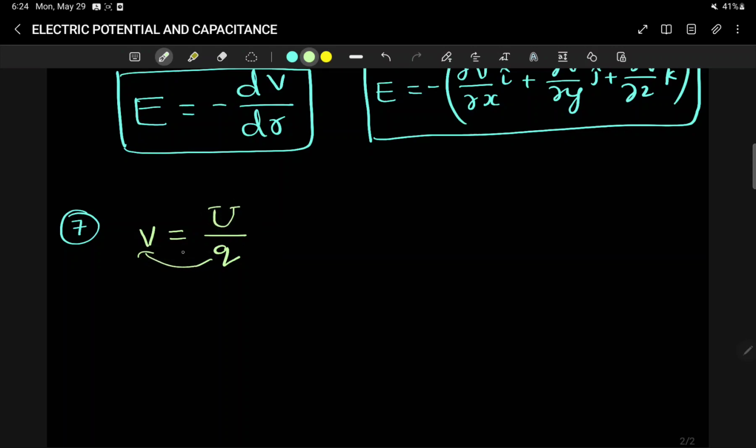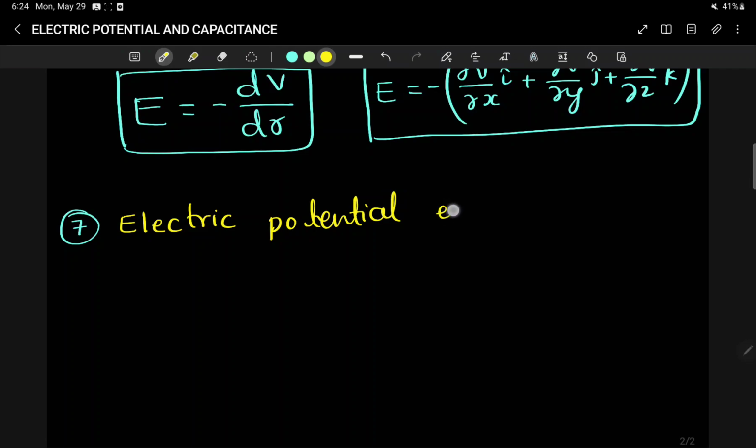So multiply this Q this side, so potential energy is equal to Q into V. Let me write it again. So you have got an idea how we get this electric potential energy. Expression for electric potential energy.